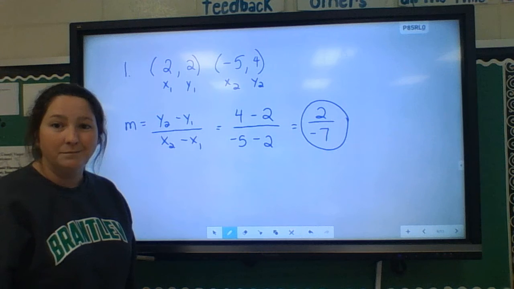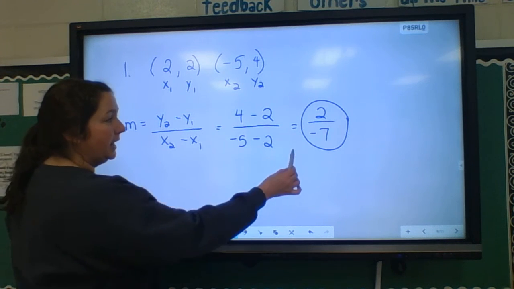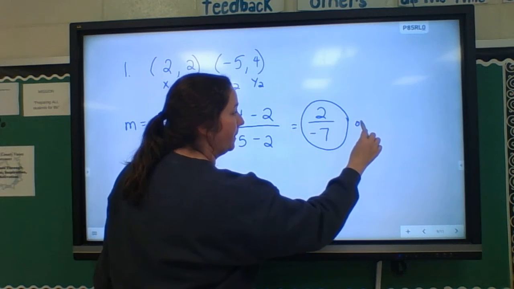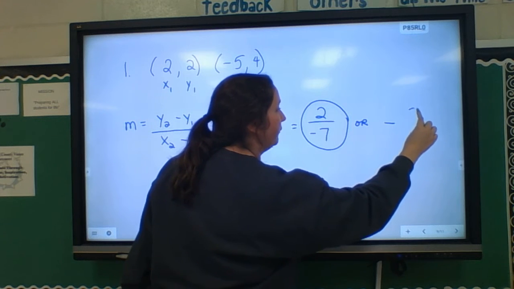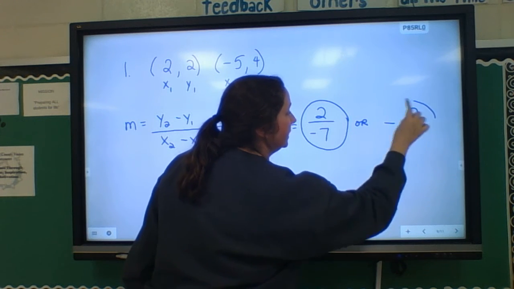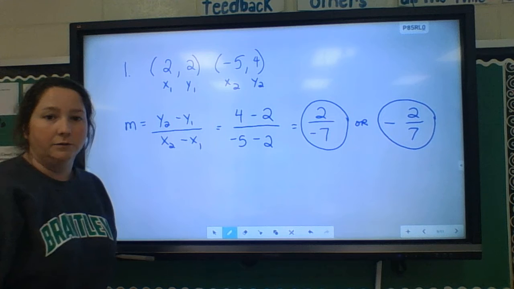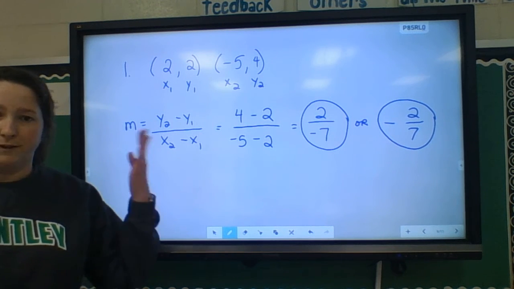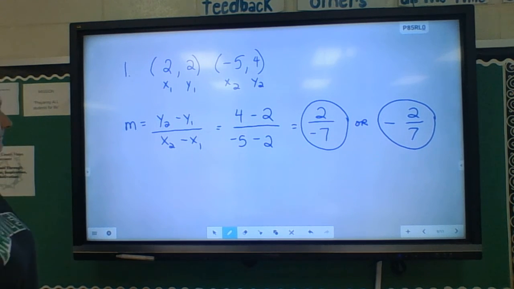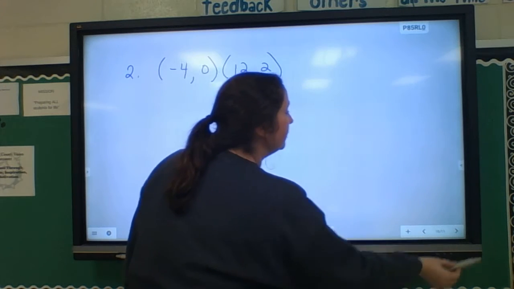It's going to be out front of the fraction. That's okay. You can move it to the front of the fraction. Still the same.